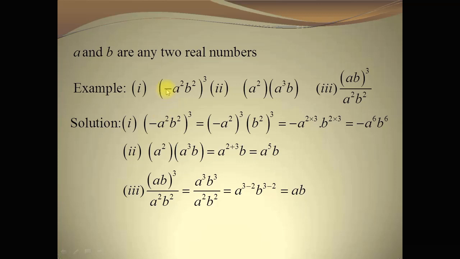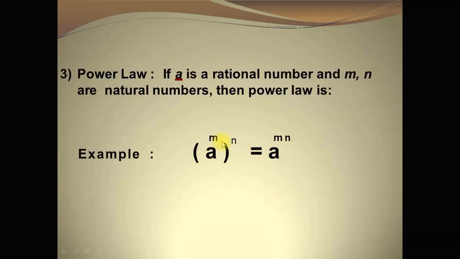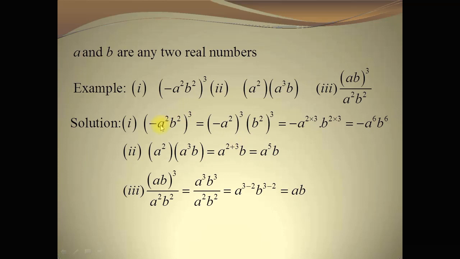For the solution of part number 1, minus a power 2 b power 2 whole power 3. How do we simplify this expression? Using the power law. In the previous slide we discussed the power law: multiply these two powers. So for the base a, we multiply the powers, 2 multiplied by 3. But here the minus symbol means that we have minus 1 power 3.